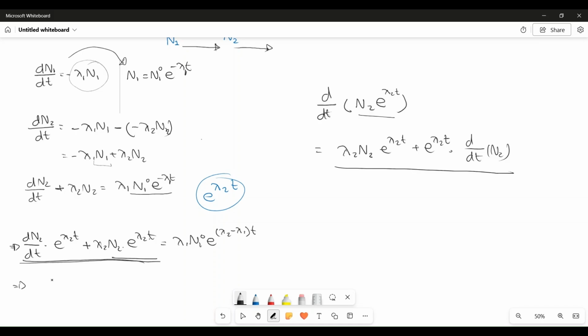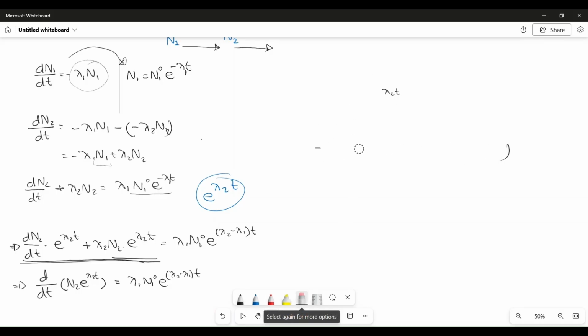So instead of this line, I can write it as d by dt of n2 e to the power lambda 2 t, and this will equal lambda 1 n1 naught e to the power lambda 2 minus lambda 1 into t.